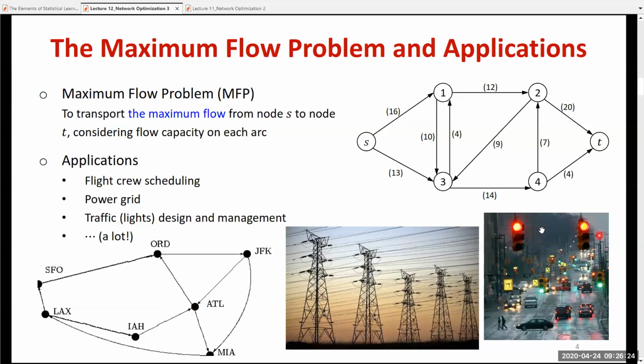This is even more interesting, because think about this. Suppose this is a traffic system. You can use the traffic lights to control the flows, right? Suppose there are too many cars around here, and from 2 to 3 it's very crowded.